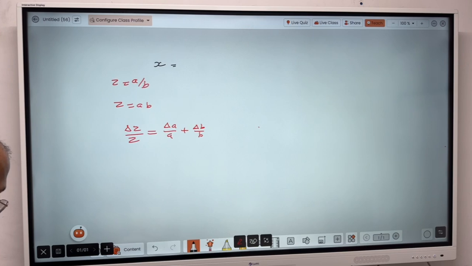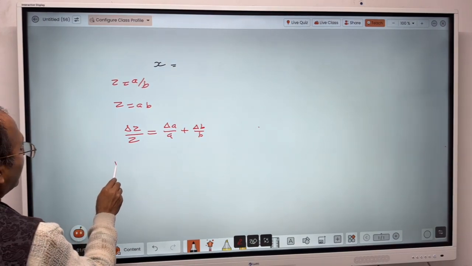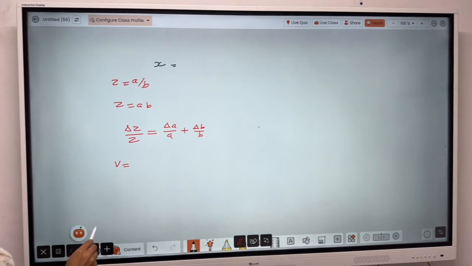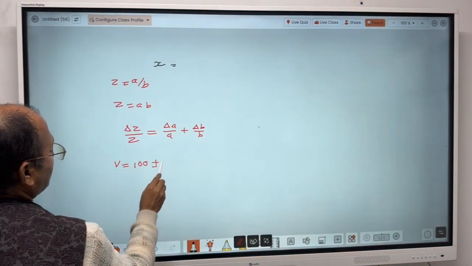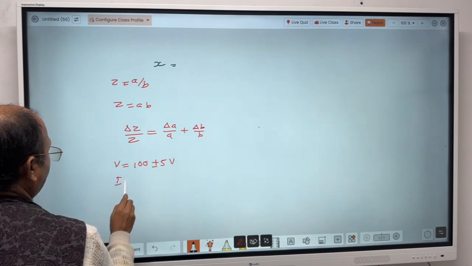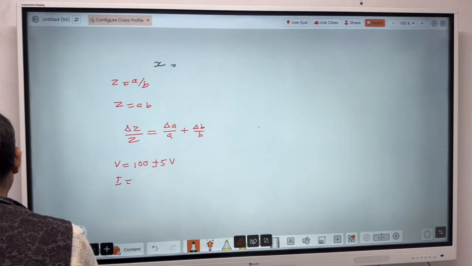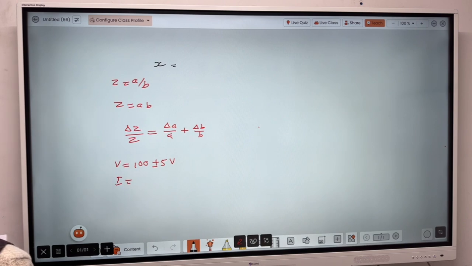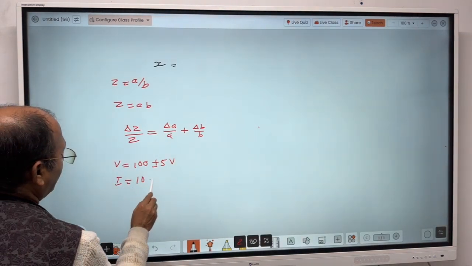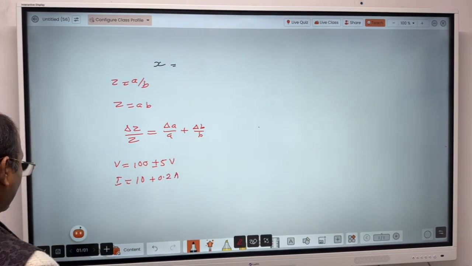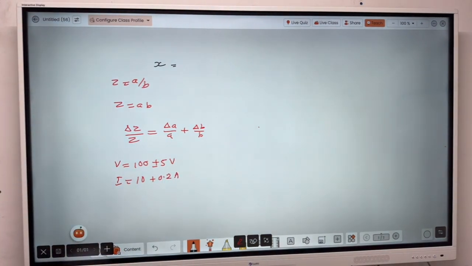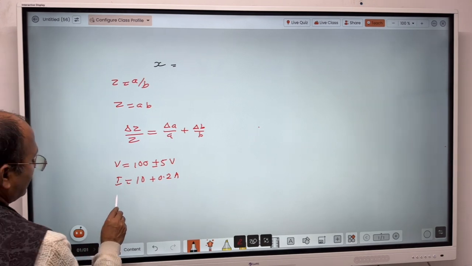Now let's understand it. Suppose you are given some quantity, suppose V is given, voltage is given as 100 plus minus 5 volt, and current is given as 10 plus minus 0.2 ampere. And we have to find out the relative error and percentage error in resistance.